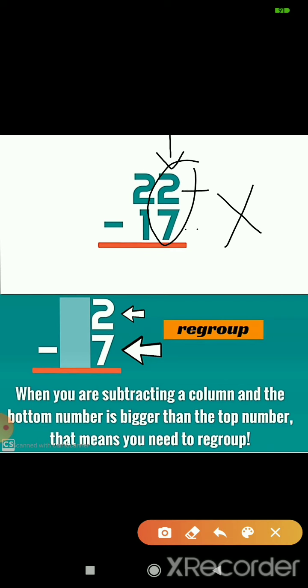So students, when you are subtracting a column and the bottom number is bigger than the top number, that means you need to regroup. Got it, students?